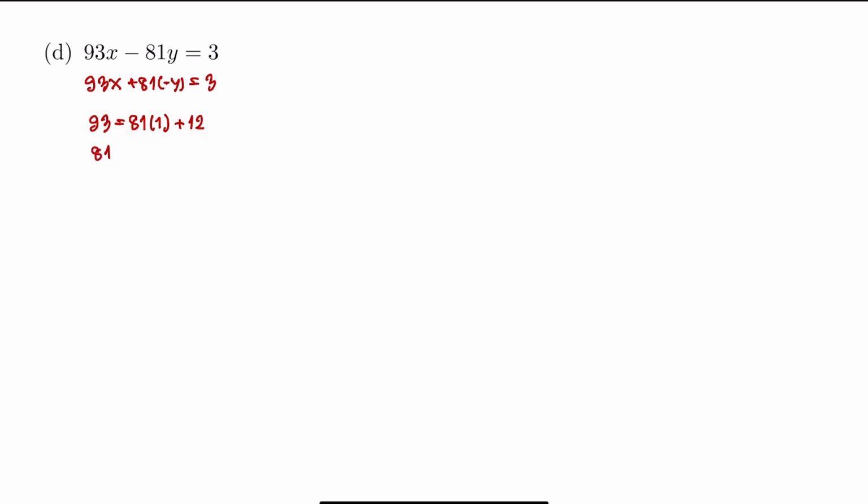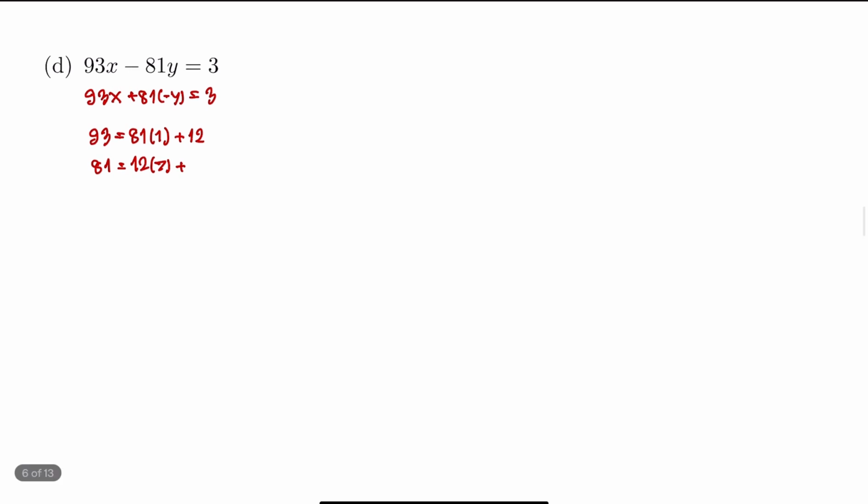We're going to have 81 equal to 12 times, let's multiply it by 7. What is 12 times 7? Actually, it's greater than 81, so let's use 6, which is 72.